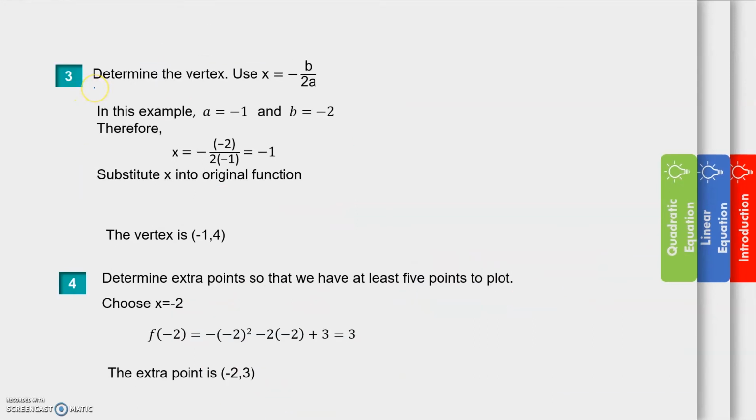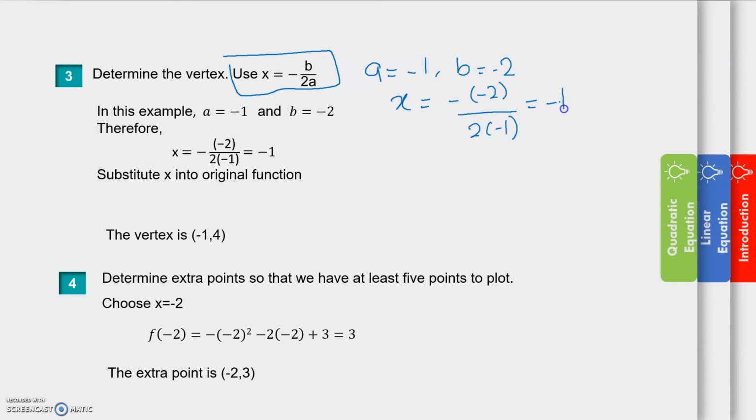Step number 3 is to determine the vertex. To determine the vertex, we need to use the formula x equal to -b over 2a. In our case, a equals -1 and b equals -2. This means that when we compute x equal to -(-2), this is b, over 2 times -1, which is equal to -1.